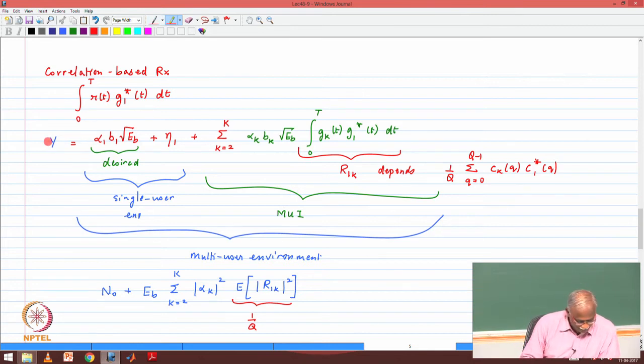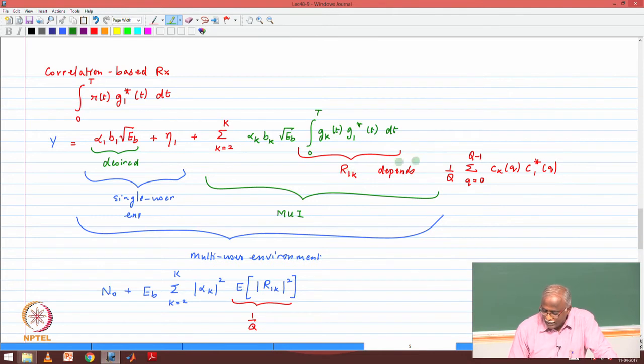Okay. So that is a reference point, and I believe we came to the point of writing down the decision statistic. If I want to pick up the user 1 signal, I will correlate with G1 star of t and integrate 0 to T, and that gives me a decision statistic which is a combination of the desired signal alpha 1 b1 root EB, plus the noise filtered through G1 star of t, plus the other terms that are present because other user signals are also there.